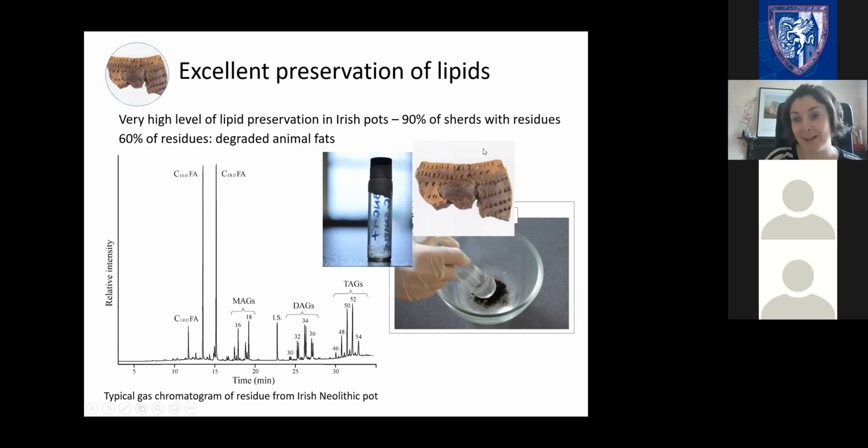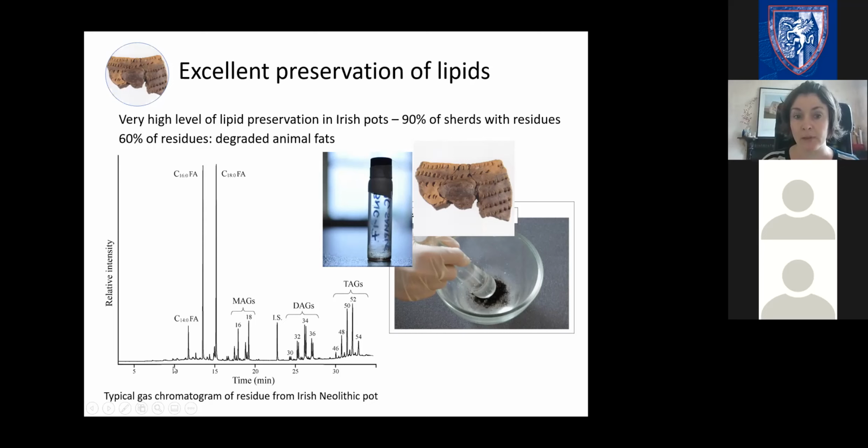I still find these chromatograms interesting. They mightn't make a lot of sense to people here, but what we're showing is a lipid mixture that's been separated out, so you can see the individual lipid compounds. That collection of lipids is a classic sign of a degraded animal fat: really high in free fatty acids, and lowish in triacylglycerols, diacylglycerols, and monoacylglycerols, which are the parent fats in fresh fats that have degraded over time.